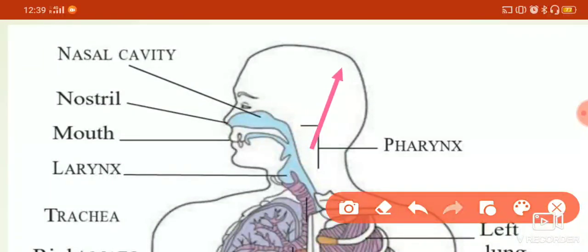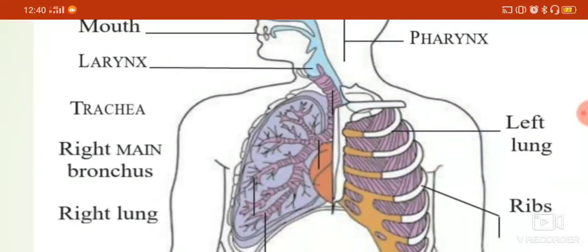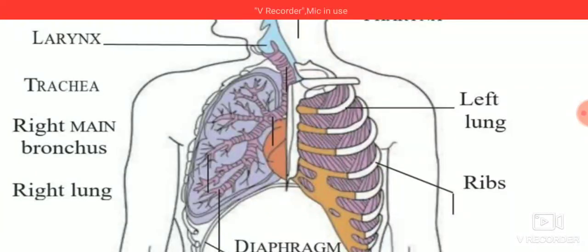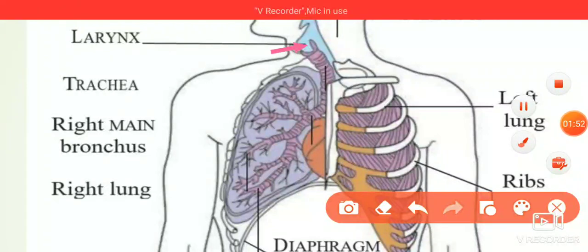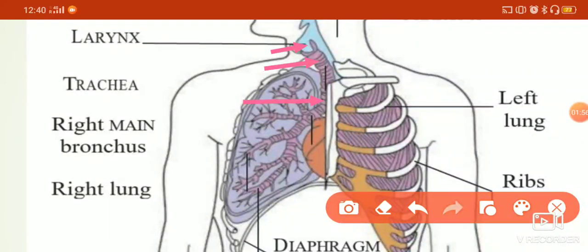Then the lower respiratory system. This violet color structure is nothing but the lower respiratory system, having larynx, trachea, bronchi, bronchioles, and lung.